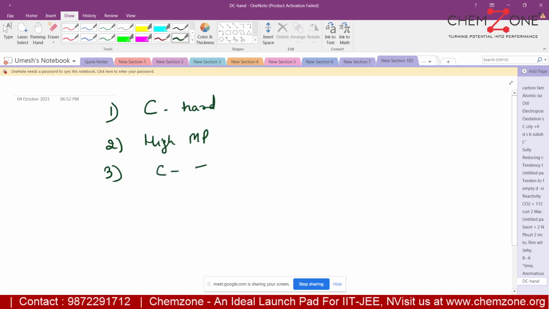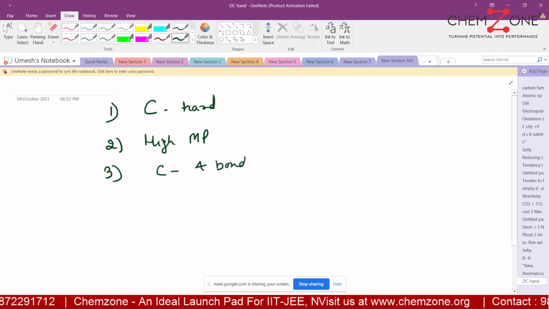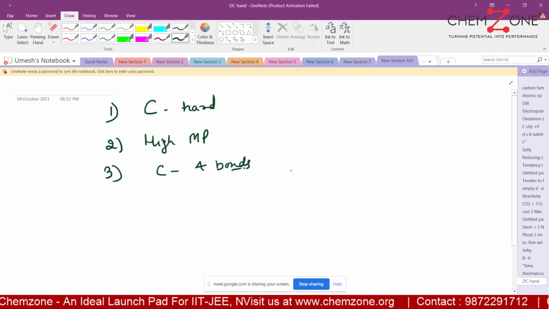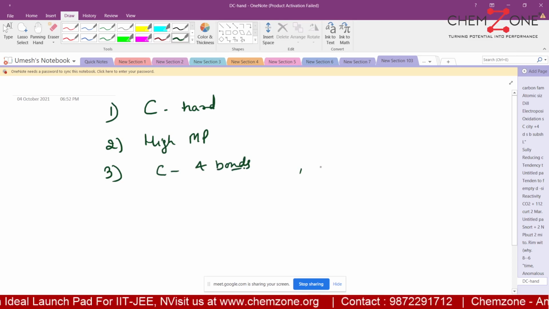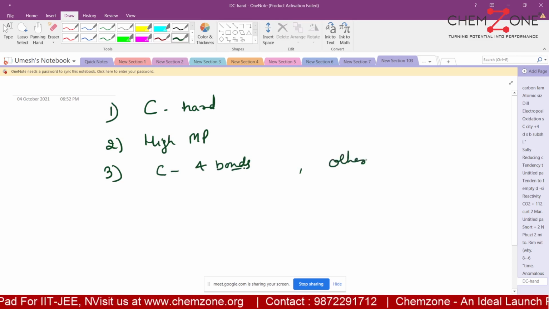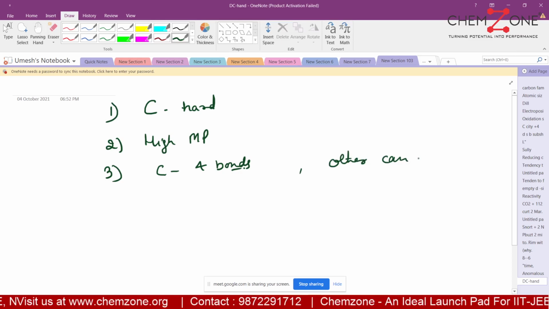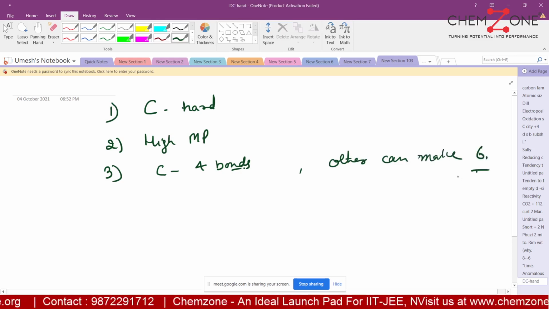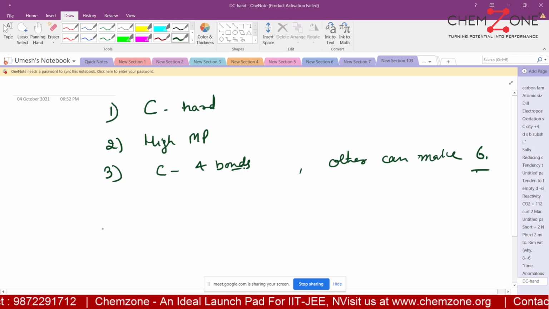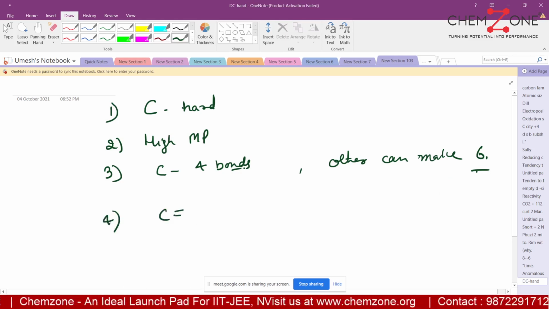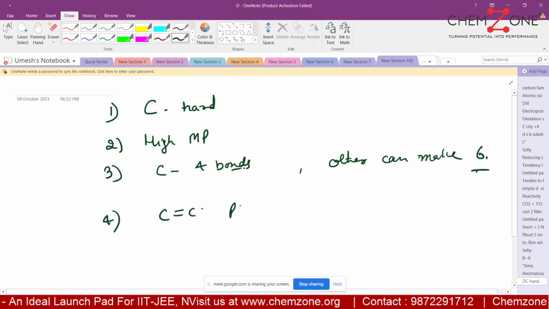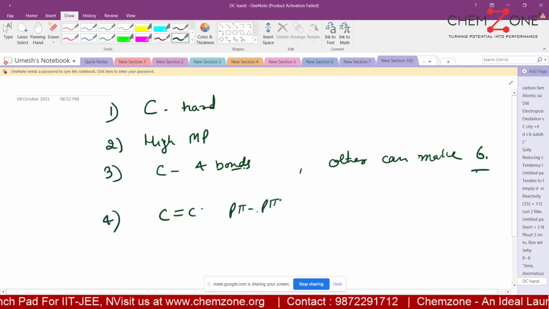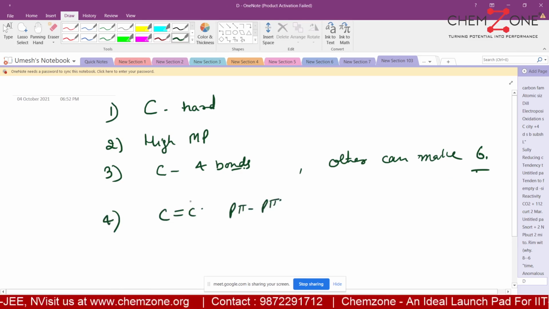Carbon can make only four bonds, but others can make six bonds also. Only carbon can make p-pi bonding; no other element can.